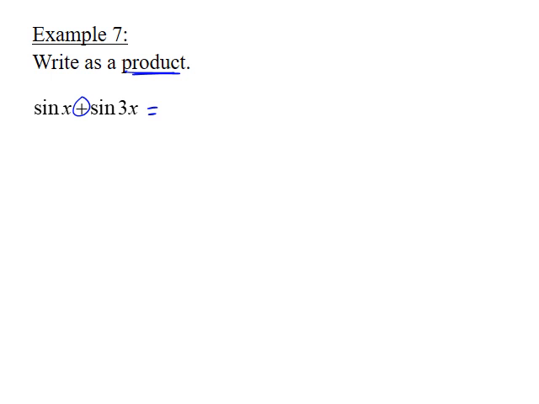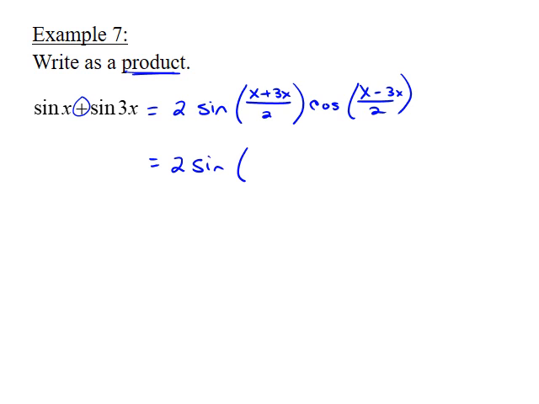We're taking sine plus sine, so it's the last formula on that sheet, and we get 2 times sine of x plus 3x over 2 times cosine of x minus 3x over 2. Simplifying the arguments, I get 4x over 2 for the first one, and negative 2x over 2 for the second.